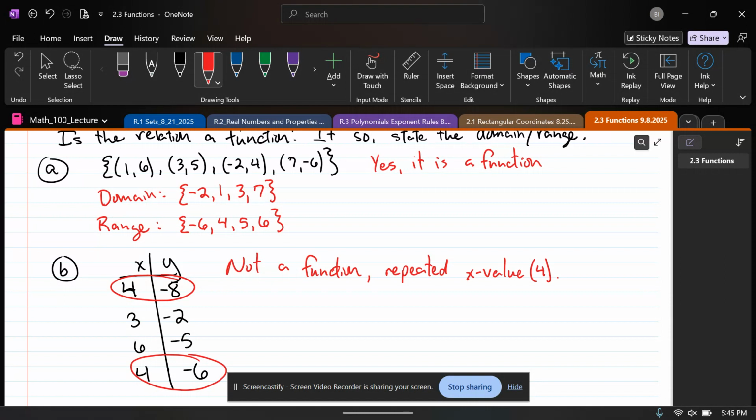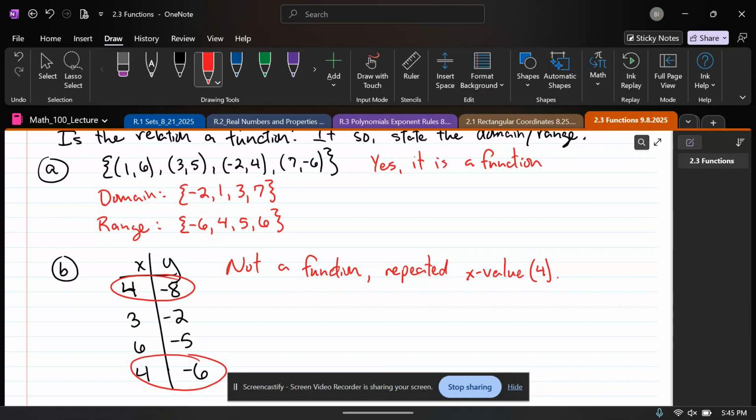Does it still have domain and range? Yeah, the instruction said if it's a function, write the domain and range. But understand that just because it's not a function doesn't mean it doesn't have a domain and range. Domain and range of functions is really our focus here. So if it's not a function, I'm not going to worry about domain and range. It still has one. You just wouldn't write the 4 twice. You'd only write it once.